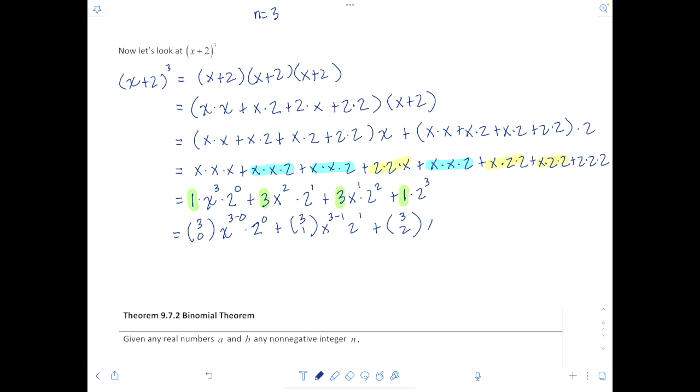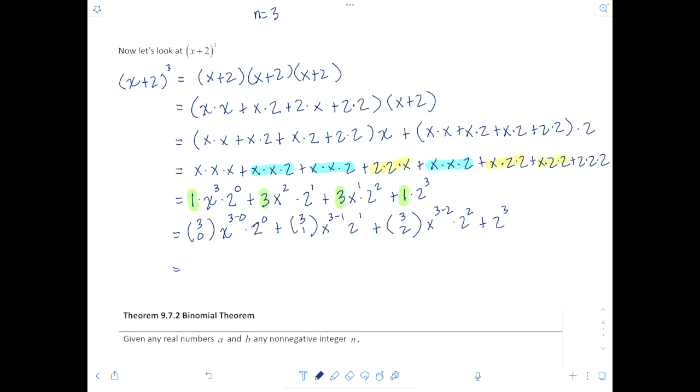And then x to the 3 minus 2 times 2 squared, and then plus 2 cubed, which of course is 8, right? But I'll just keep it as 2 cubed.